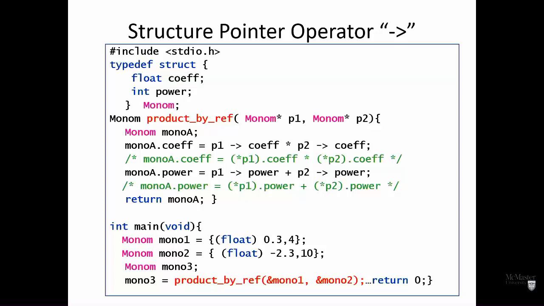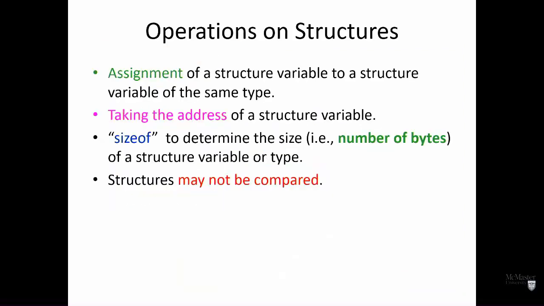In arrays, we said we cannot do math operations on the array as a whole, right? What about structures? The only thing you can do of structure is you can assign a structure to a structure, right? So you can say you define your student structure, and then you have student A. You can say student B equals student A.